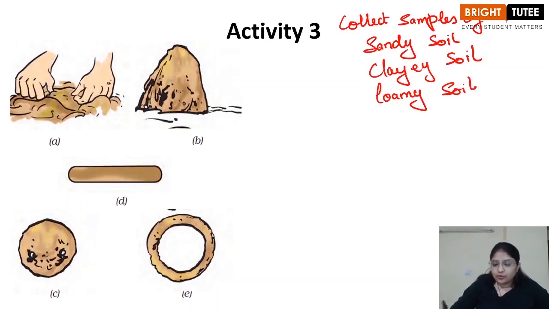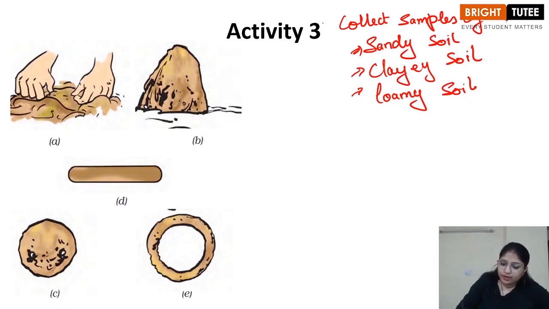Then we are going to remove any kind of pebble, any green plants, any root. So basically we are cleaning the soil so that only the particles of the soil are there. There shouldn't be any pebble, any part of the plants, any root material. If there is any kind of animal remain, you should remove that. So all of these are to be removed.